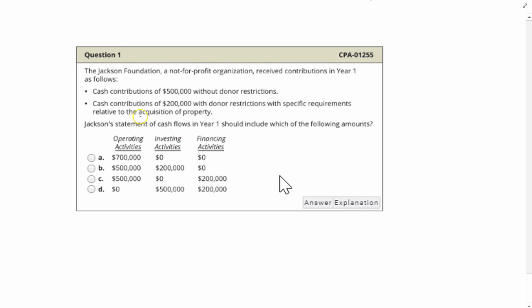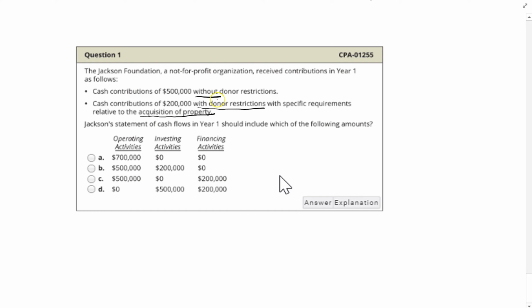So it used to be classified as temporarily restricted, but now we will call it with donor restrictions. So they received two types of cash, and both are donations from the donors. One is without restrictions and another is with restrictions.